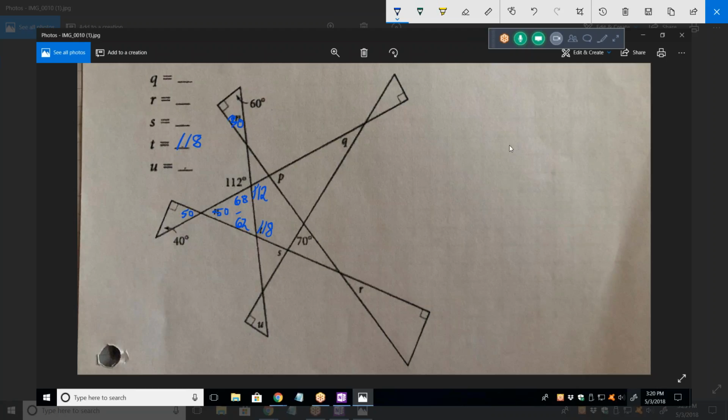And I'm assuming this 70 applies to this angle. Yeah, I think so. So what's the angle that is the linear pair with that? 70 degrees. Yeah, it makes this one 110. Right? Am I reading it right? Yeah, I'm pretty sure.